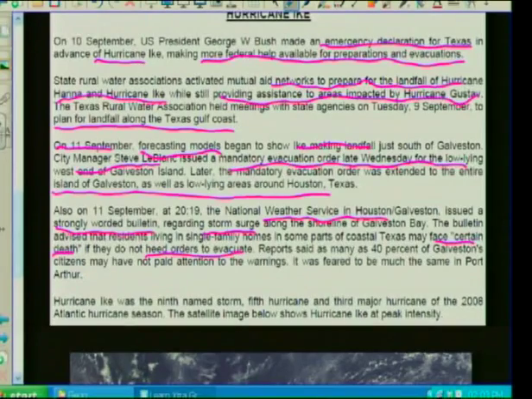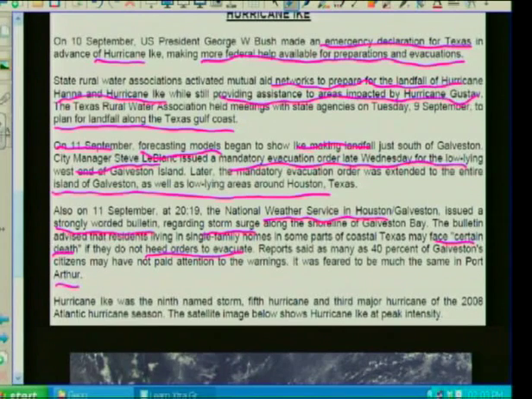This is a force that causes people to face death if they do not heed the orders of evacuation. Reports say as many as 40% of Galveston citizens may not have paid attention to the warning. It was feared to be much the same in Port Arthur. People have not listened, and this is a common phenomenon.